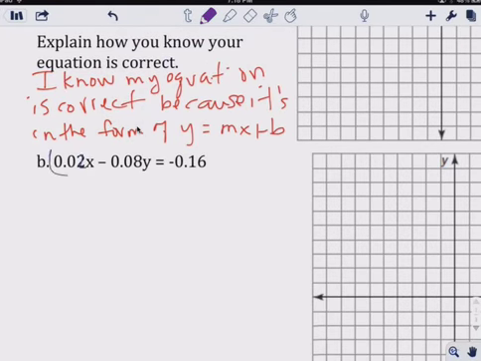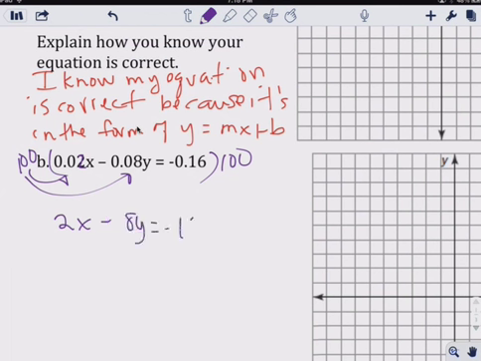Now looking at this problem, the hundredths place is the largest, so I multiply by 100 to all of them. That's 2x plus negative 8y equals negative 16. Minus 2x, minus 2x.